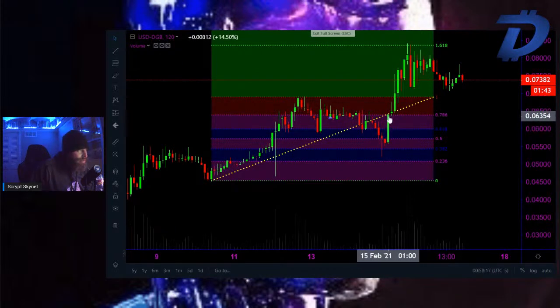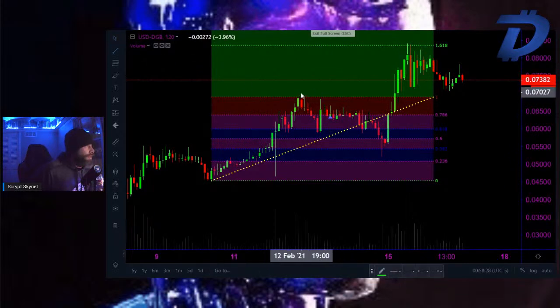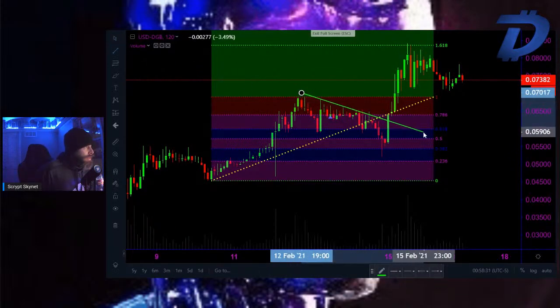Now, if it got through this range and back into the red, okay, and you have a candle that closed in the red up above here, like for instance, above here. If it gets back in this range, it's turning around bullish again, okay?